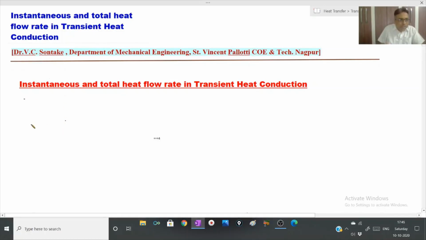So let us first define instantaneous rate of heat flow.